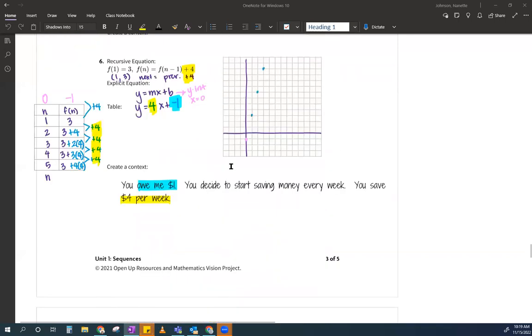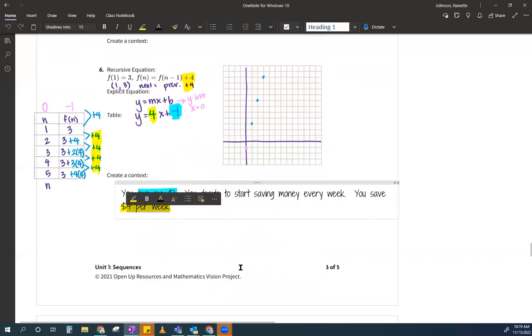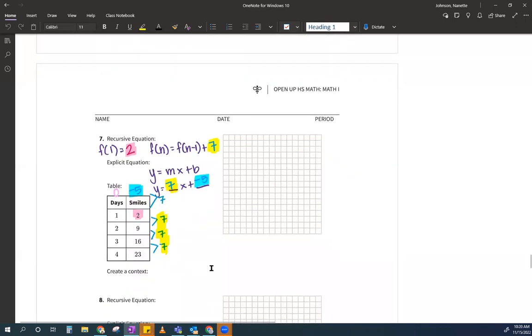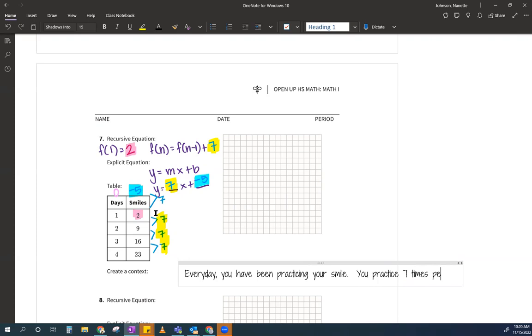Okay. And then here's our context. Let me just copy this right here. Here, I just want to come up with a context. They already gave us a context. They said something about days and smiles. So you could say something like, every day you have been practicing your smile. You practice 7 times per day. Oops, not on the first day.